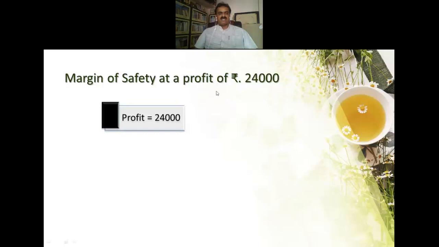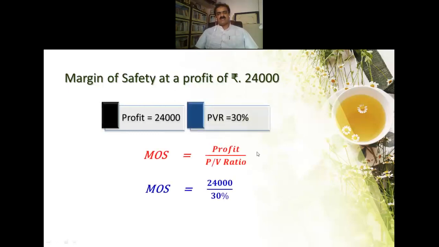Even if you use this formula in a marginal cost statement, you will get the same answer. So profit over PV ratio: profit is 24,000 divided by 30%, you will get 80,000 rupees as your margin of safety.